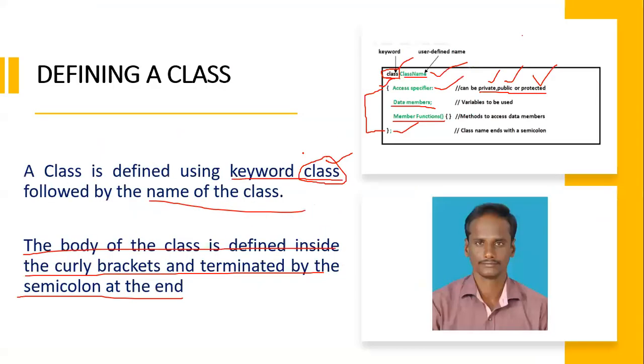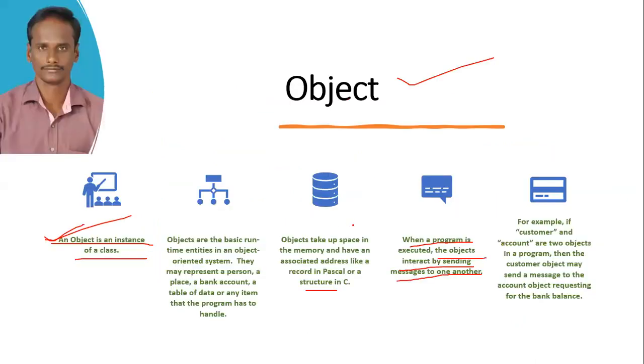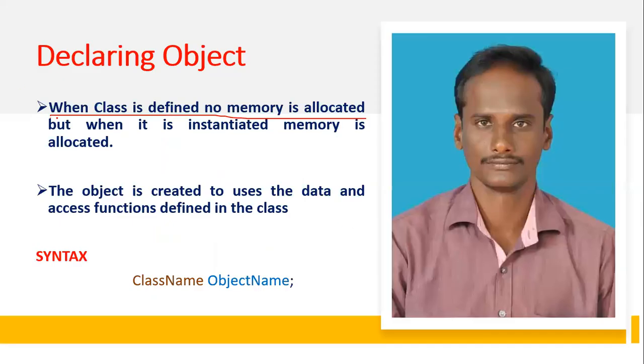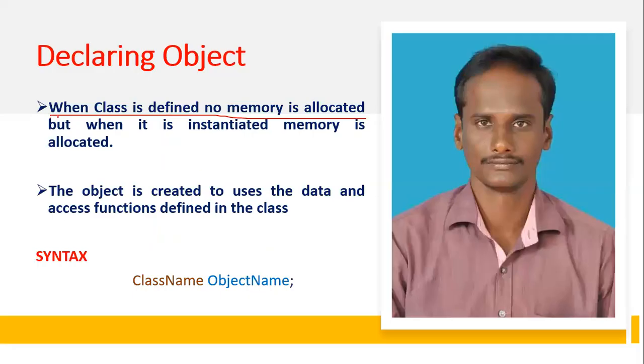For example, while creating this class, no memory is allocated for the brand data member, no memory is allocated for the model data member, and no memory is allocated for the year data member. That is our first point. When a class is defined, it has three data members, but while defining this class, no memory space is allocated. But when it is instantiated, memory is allocated.